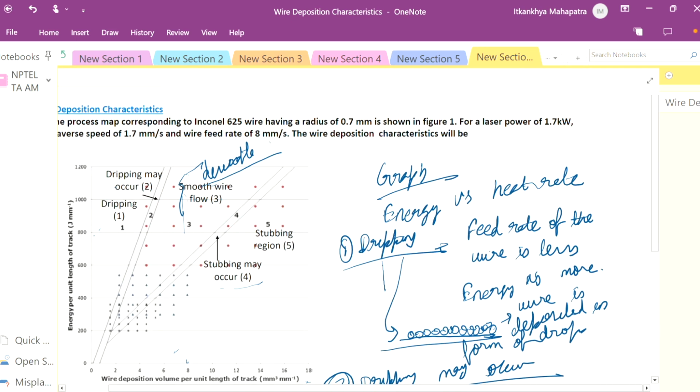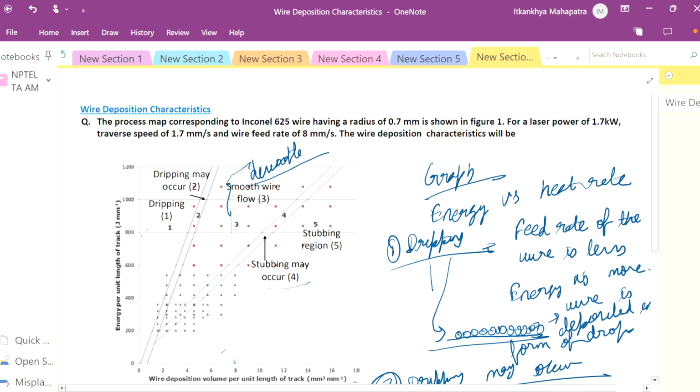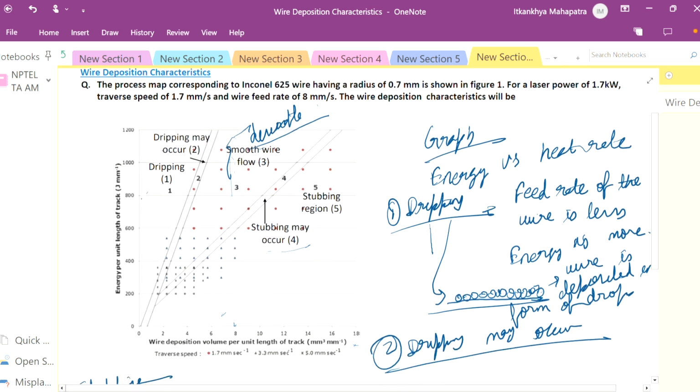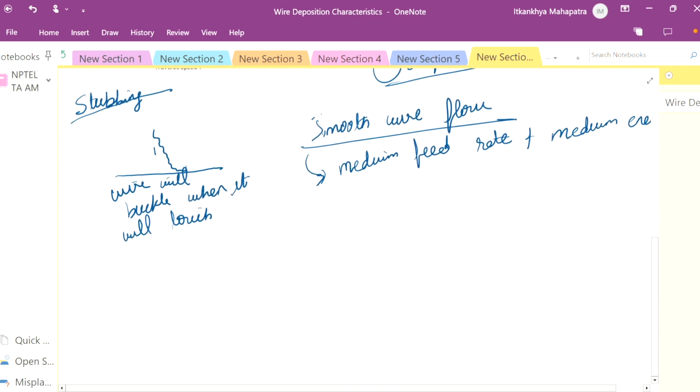So in your question here it is given that you have a radius of wire of 0.7 mm, a laser power of 1.7 kilowatt, a transfer speed of 1.7 mm per second, and a wire feed rate of 8 mm per second. What will the wire deposition characteristics be?